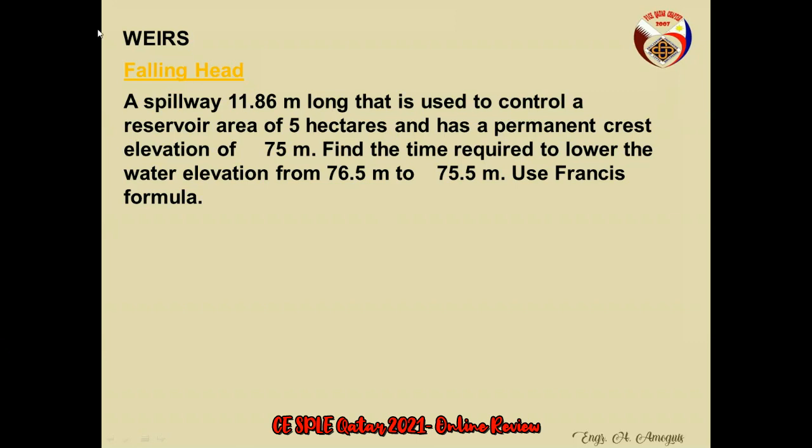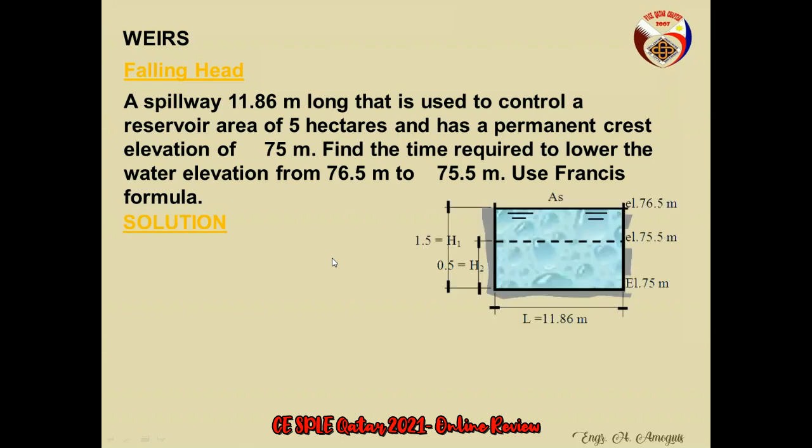Go ahead, how? Well, this is just the formula from earlier. The permanent crest elevation at 75, what do we mean by permanent crest? If it's a spillway, that's the top of the spillway. So your head above the crest is 1.5 and it's dropping to 0.5, from 76.5 to 75.5.